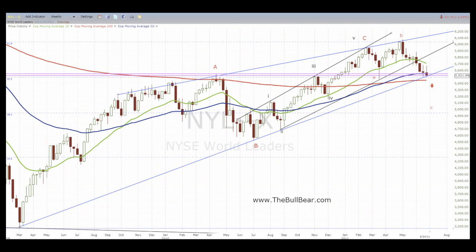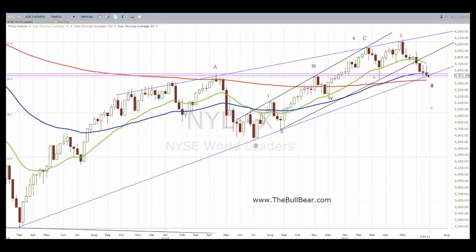Looking at the New York World Leaders Index, which is basically an index of all the world's leading stocks, we're seeing a similar situation. It is now below its 50-week moving average. It closed right on top of its uptrend from the March 2009 low.